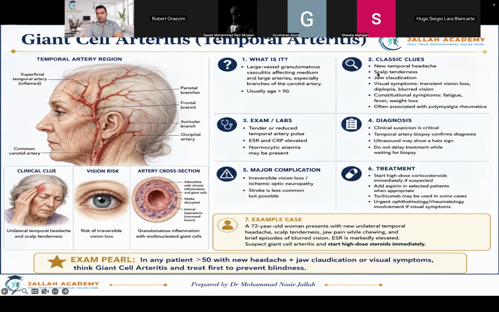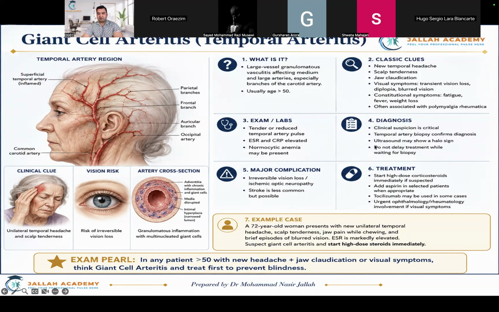Classic clue, new temporal headache. I think we did talk about this. Constitutional signs and symptoms: the patient will have fatigue, fever, weight loss. Usually, with temporal arteritis, the patient will lose weight. They may be overweight or normal weight, but during the disease, the patient will start losing weight.